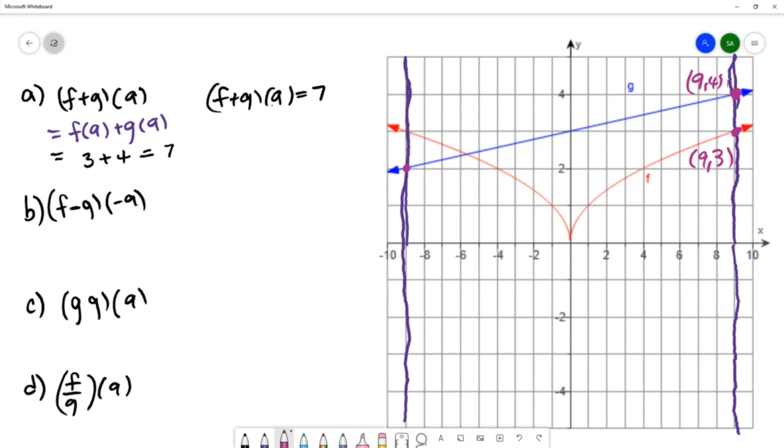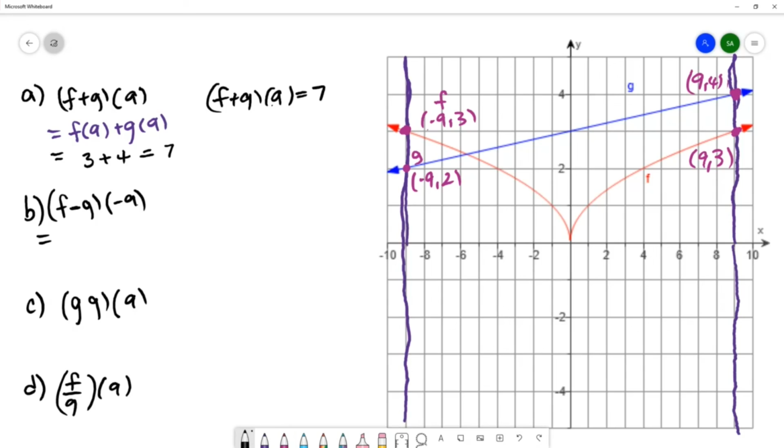We've got two intersection points, and those intersection points are negative 9 and 3, and negative 9 and 2. This one in red is intersecting the graph of f, and this one in blue is intersecting the graph of g.